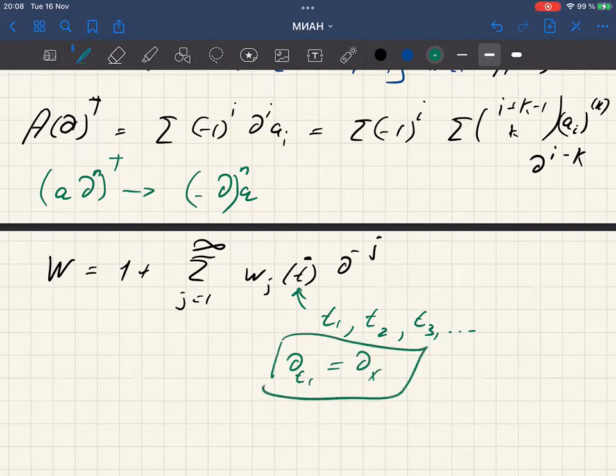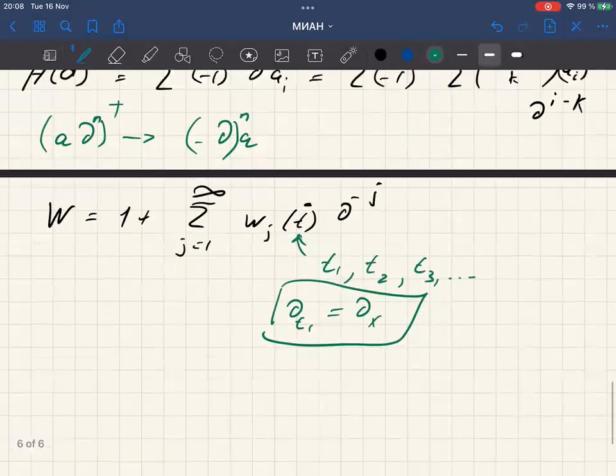Maybe I forgot it, but if I forget it, you should remember that sometimes x will appear, sometimes x won't appear, but it could be restored pretty easily.